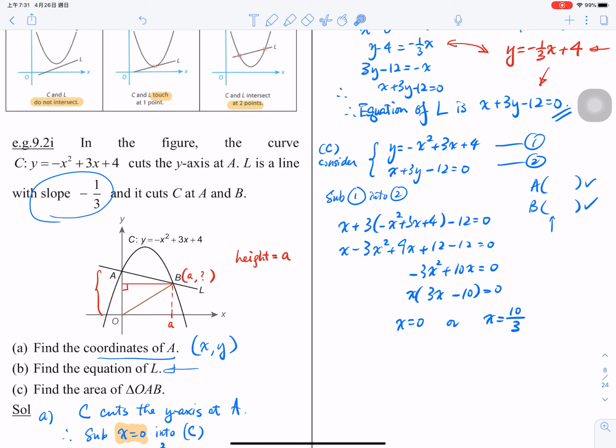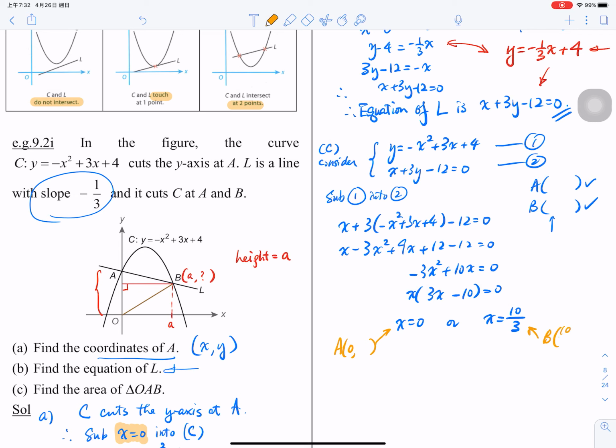What means of these two x values? Great. This one is the x coordinate of A. And how about this one?